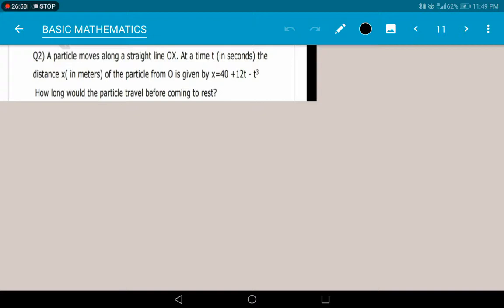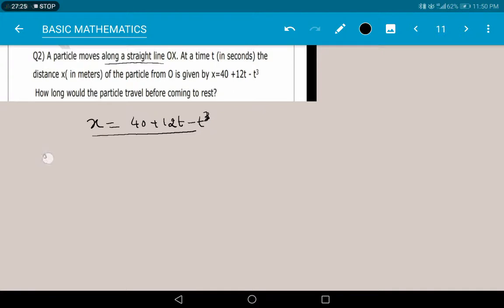Right, next one. A particle moves along a straight line Ox at a time t. The distance x of the particle from O is given by x equals 40 plus 12t minus t cube. So how long would the particle travel before coming to rest, they are asking. So first we should know at what time it is coming to rest. We should know that time, we should substitute in this, then we are going to get the distance.